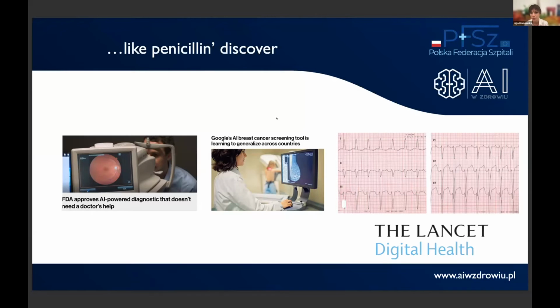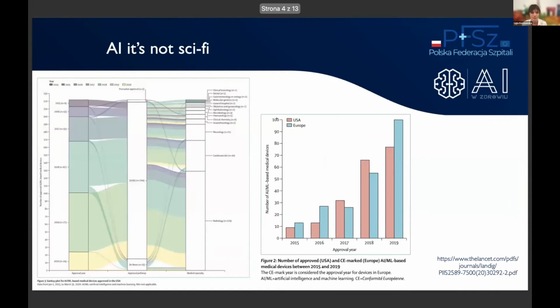So it's something that is impossible for a human, right? We don't diagnose anemia based on ECG records. And it all shows us how promising this technology is. And AI is not science fiction anymore.